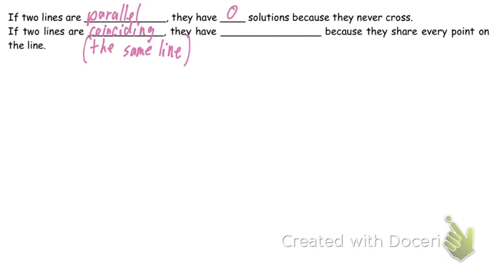This first red stripe is everywhere the first red stripe is. It's like you're saying the same thing over again. So they're going to have infinitely many solutions. IMS, you guys remember IMS? Yeah. Our old friend's back. Because they share every single point on the line.